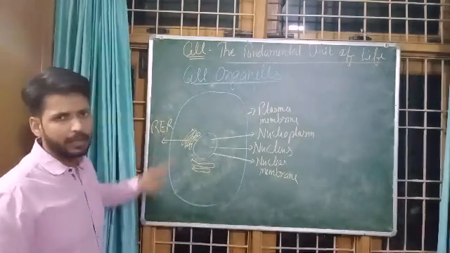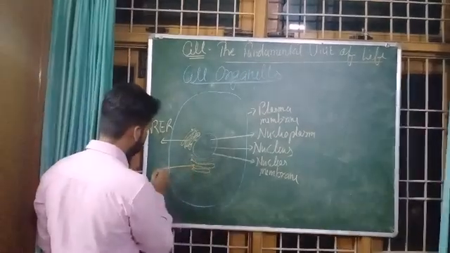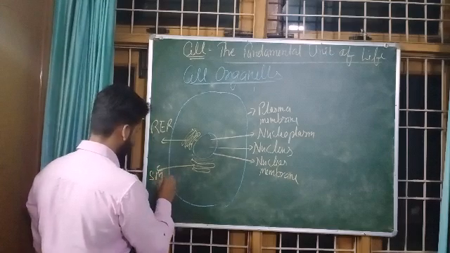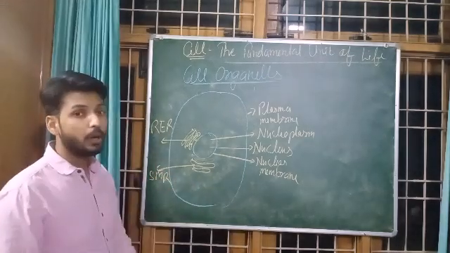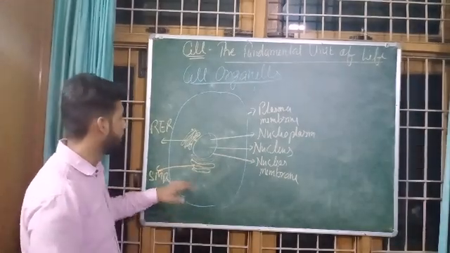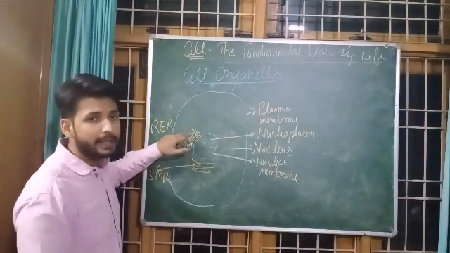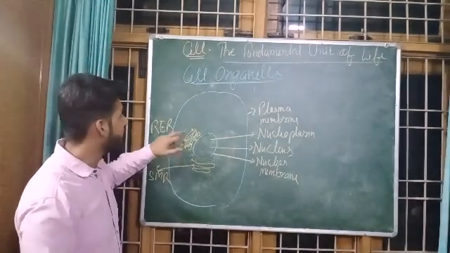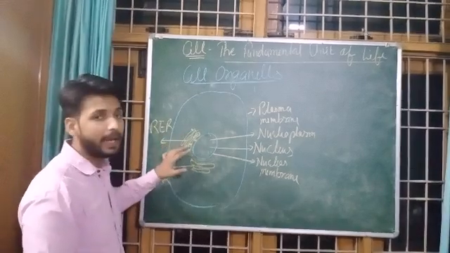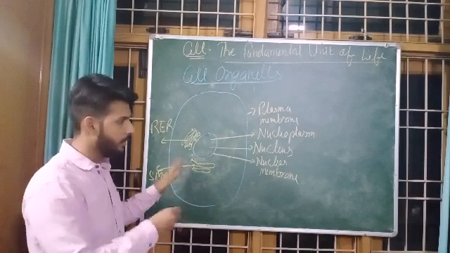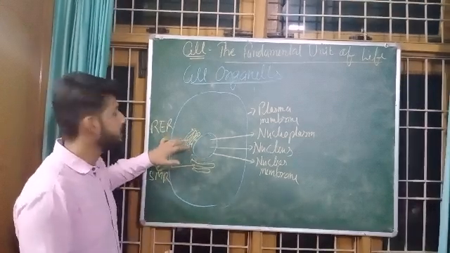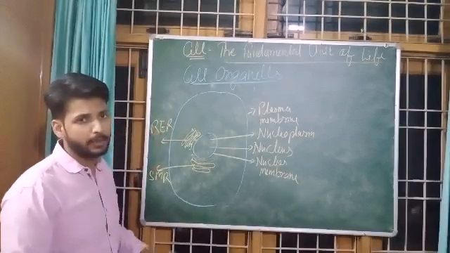Next is smooth endoplasmic reticulum. Now why do we call it rough and why smooth? You can see there are some dot-like structures in the diagram. These dots are ribosomes which are present on the endoplasmic reticulum. We'll study in detail. So due to the presence of these ribosomes, it is known as rough endoplasmic reticulum.